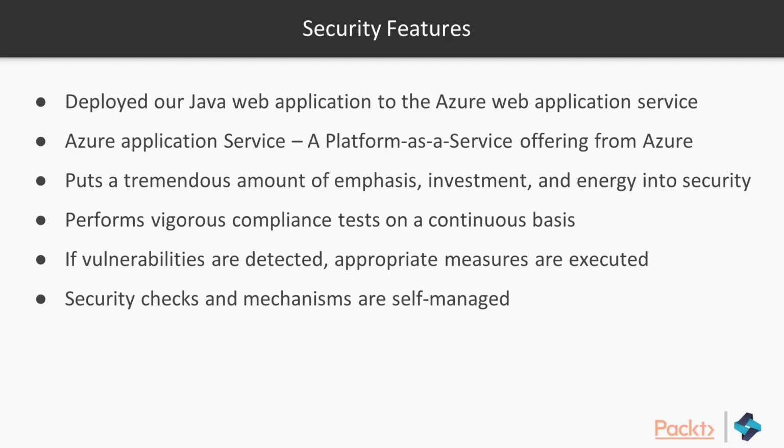Azure performs vigorous compliance tests on a continuous basis for our applications. If any vulnerabilities are detected within the Azure environments or our application components, appropriate measures like pushing the latest patches to the system-level software are executed automatically. These security checks and mechanisms are self-managed and they don't require any user intervention.